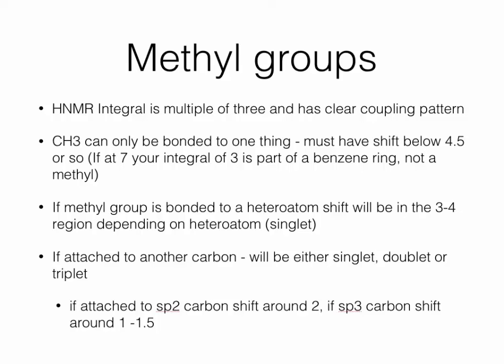If it's attached to another carbon, it'll either be a singlet, a doublet, or a triplet, depending on whether the carbon it's attached to has 0 hydrogens, 1 hydrogen, or 2 hydrogens. Can't have 3, that's ethane, and it's just a single molecule. If your methyl group is attached to an sp2 carbon, the shift will be around 2. If it's on an sp3 carbon, it'll be around 1 to 1.5, sometimes a little under 1.